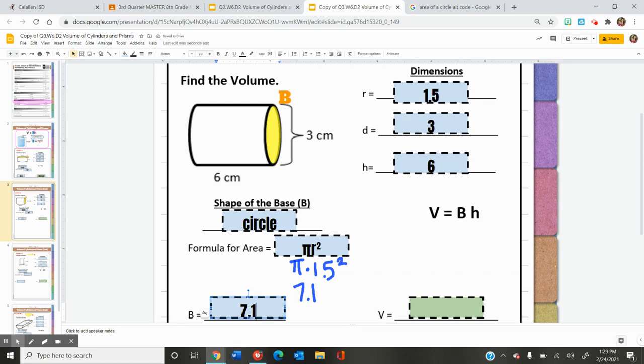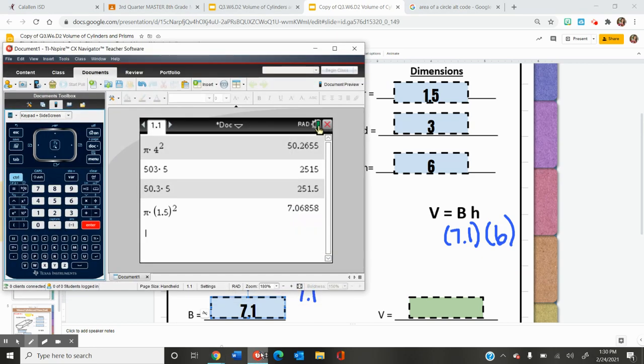Now, since I found this to be the area of my base, I'm going to go ahead and substitute that into my formula over here. Now, we found that the area of our base was 7.1. Now, multiplying that by my height, which is 6. So in my calculator, I'm going to put 7.1 times 6, and I get 42.6.